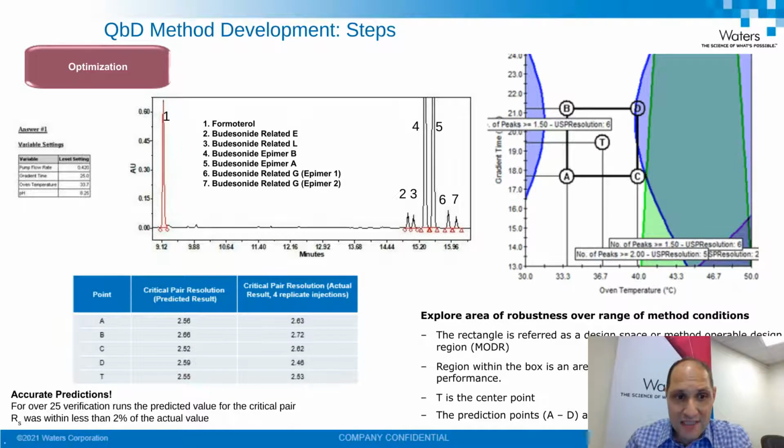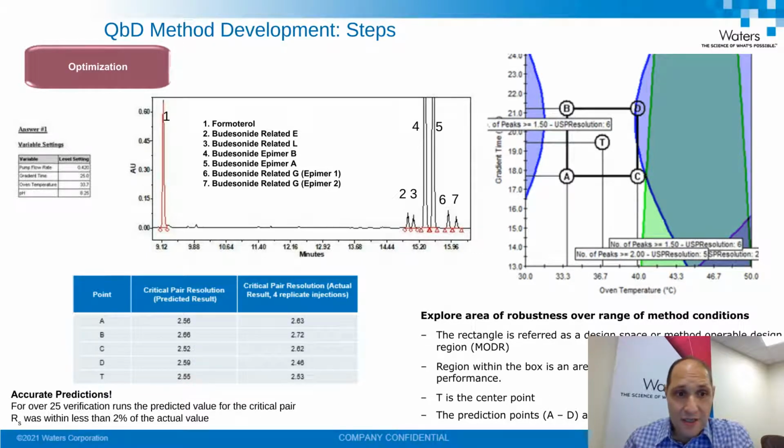The target T at the center point is the final method, and the prediction points A through D around that box represent the confidence limits at which the method meets the performance goals for USP resolution, peak tailing, etc. You can export the prediction points to Empower software for verification runs of your experimental conditions.